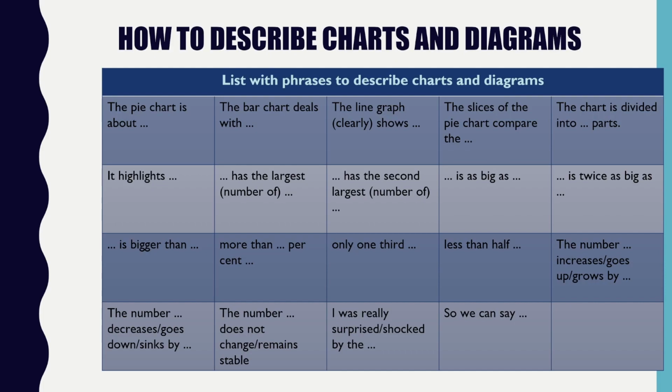Okay, so how do you describe charts and diagrams? Because for your assessment, one of the questions will be asking you how you can get the information from the graphs or charts given. So these are the phrases that you can use to describe charts and diagrams. For example, the pie chart or the bar chart or the graph chart shows, where you want to explain about the graphics.